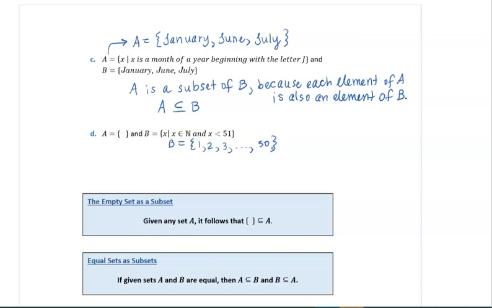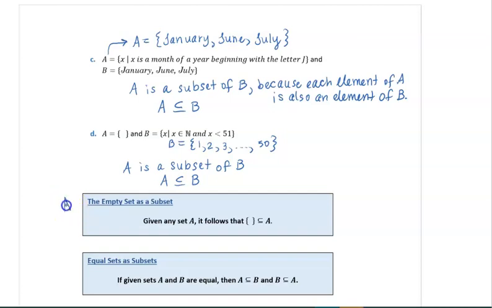Now, since A doesn't contain any elements, by definition, the elements of set A are also in set B. So by default, we say that A is a subset of B, or we could say that A symbolically is a subset of B. Again, each element of A is also an element of B. A does not contain any element, so this is just true by default.